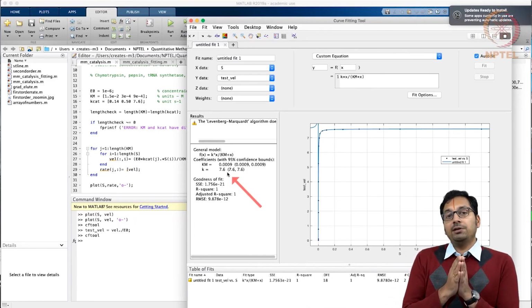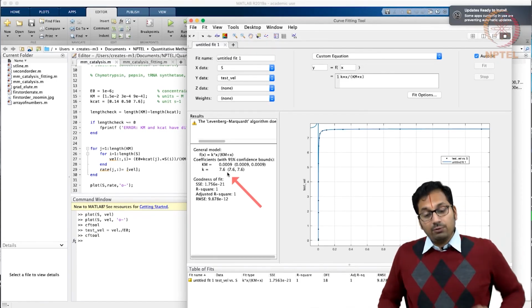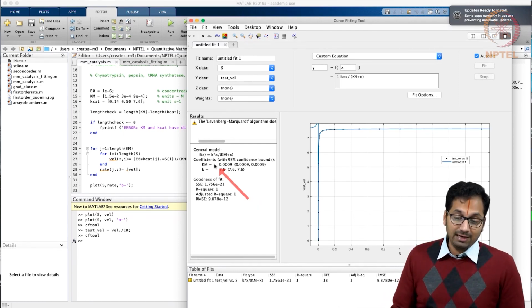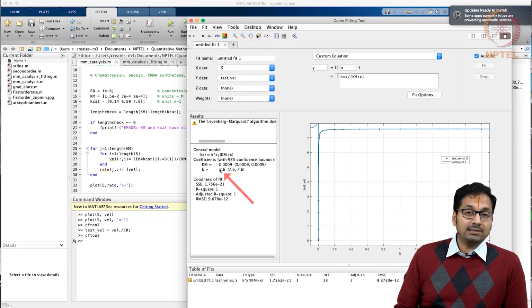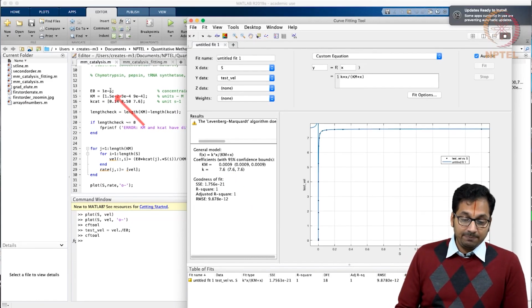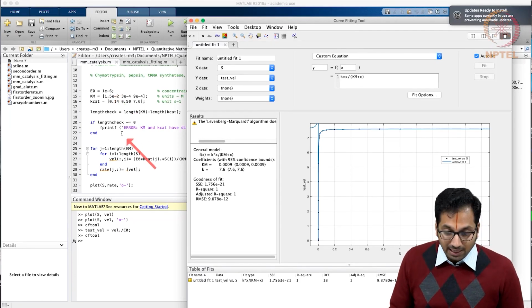Previously, when you did not divide the velocity of the reaction by the enzyme concentration, the problem was the fit was trying to get the product of E0 and Kcat, and what ends up happening is that Kcat is like 7.6 units, but E0 is something like 10 to the power minus 6 units, right? So this could actually have a problem here.